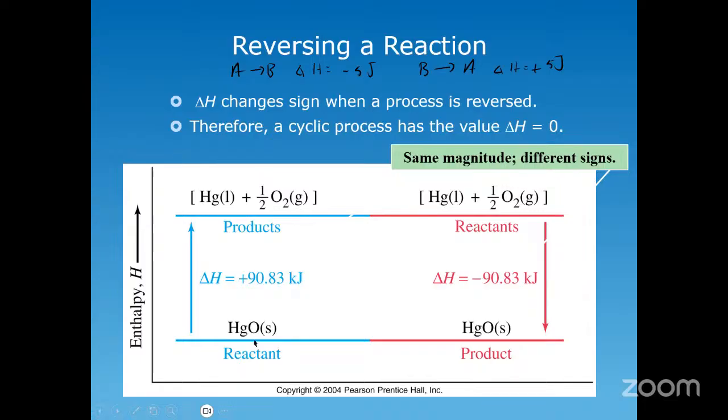To do the reverse reaction, the enthalpy change would be minus 90.83 kilojoules. So basically, the magnitude will remain the same, but the sign is going to change if you reverse the reaction.